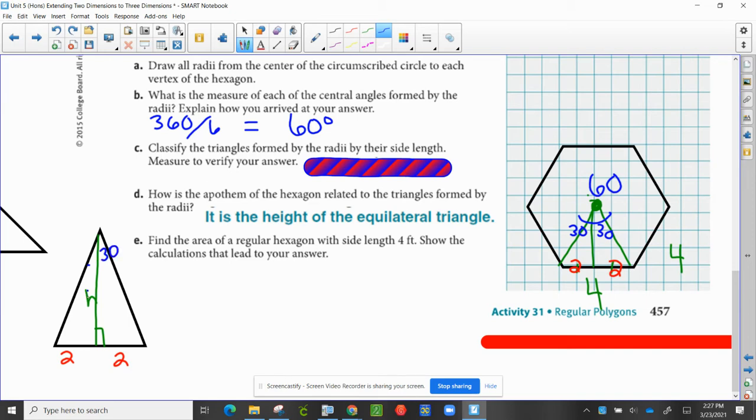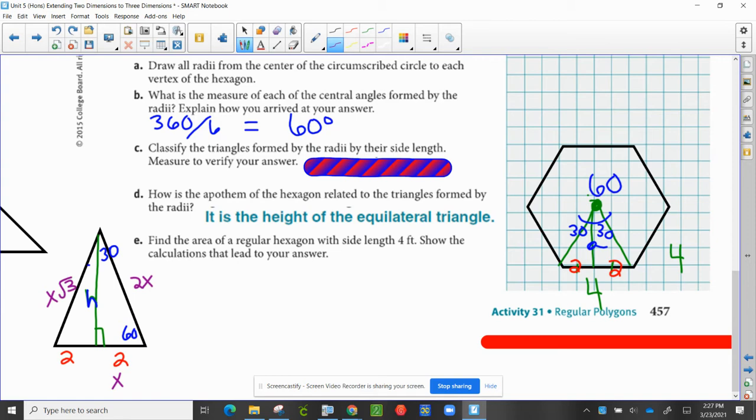In order to figure out the height of our triangle, aka the apothem of our hexagon, we have a 30, 60, 90 triangle here. And in a 30, 60, 90 triangle, our short leg is x, our hypotenuse is 2x, and our long leg is x root 3.